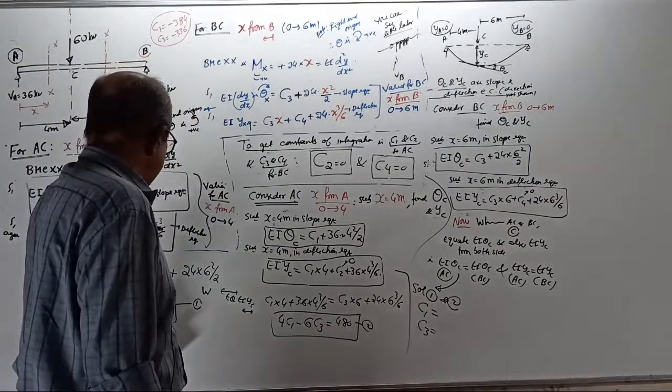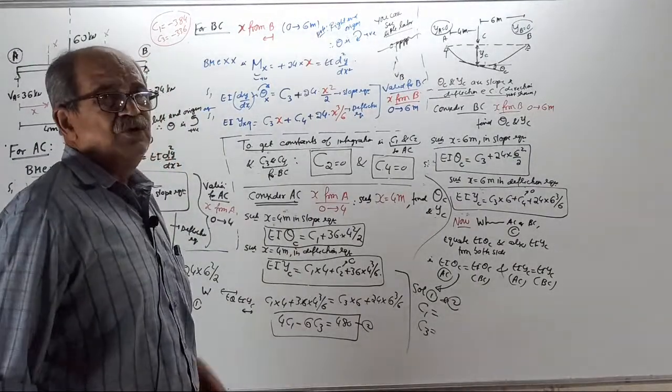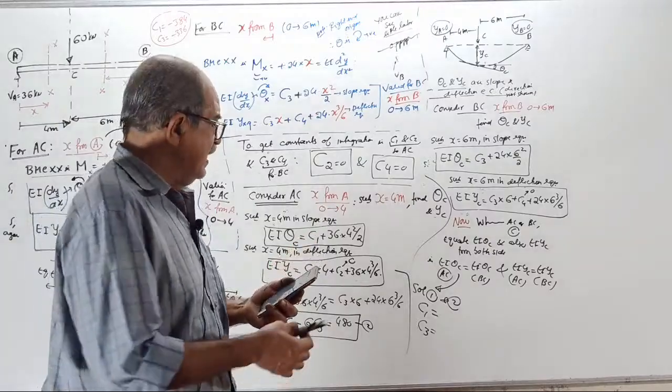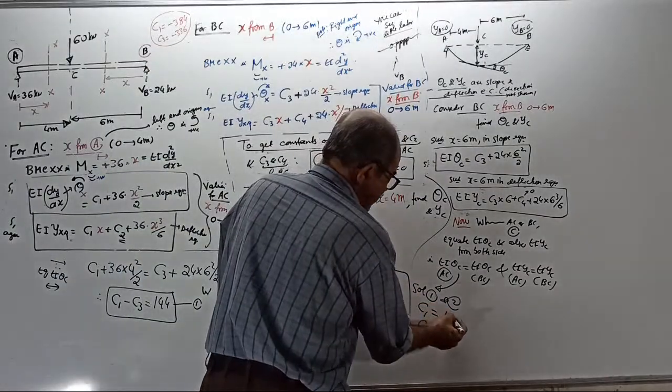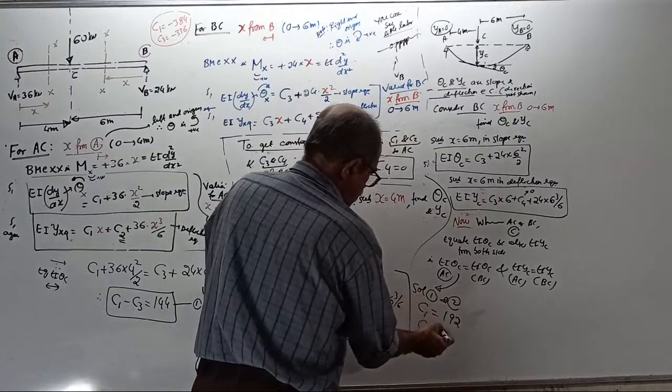You can multiply by 4 and subtract, or use a calculator. C1, how much? C1 is 192 and C3 is 48.